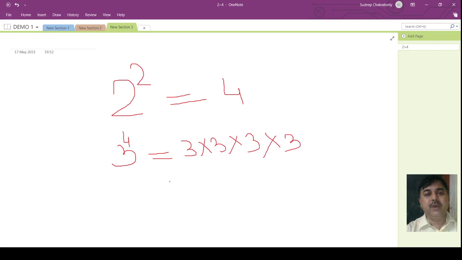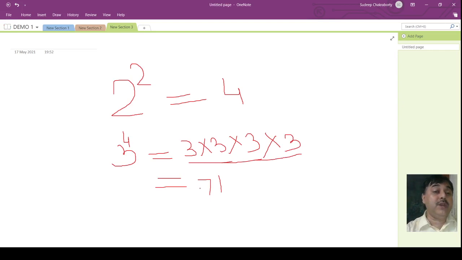So what will your output be? 3 3s are 9, 9 3s are 27, and then 27 is multiplied with 3. So what is 27 into 3? This is what you will find.